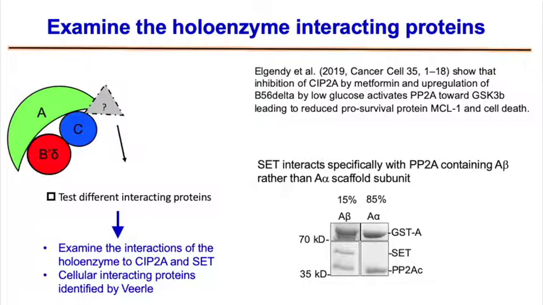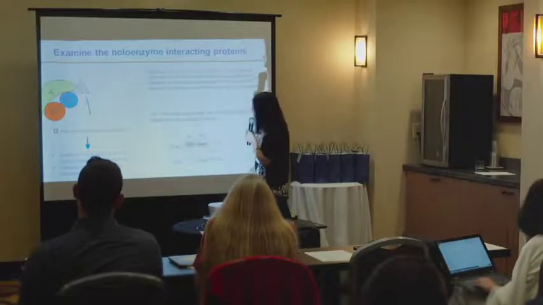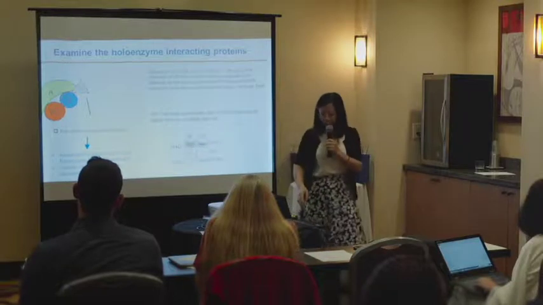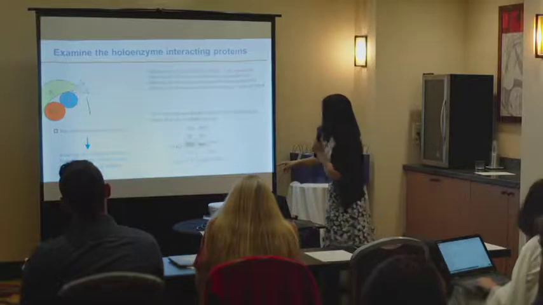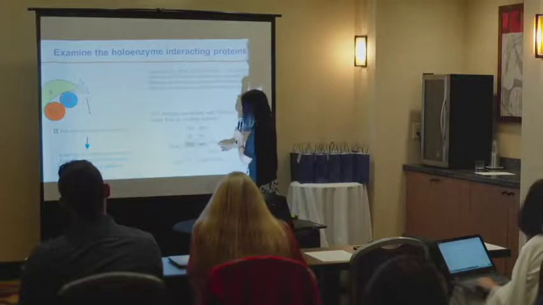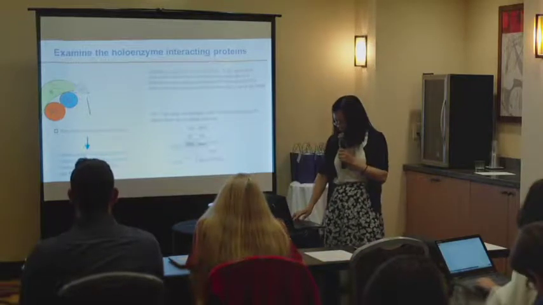And for SET interaction, Ito in the lab has demonstrated that SET specifically interacts with the A beta subunit rather than A alpha. A beta constitutes 15% of the total A subunit in the human proteome, so it might also be a reasonable target to look at.